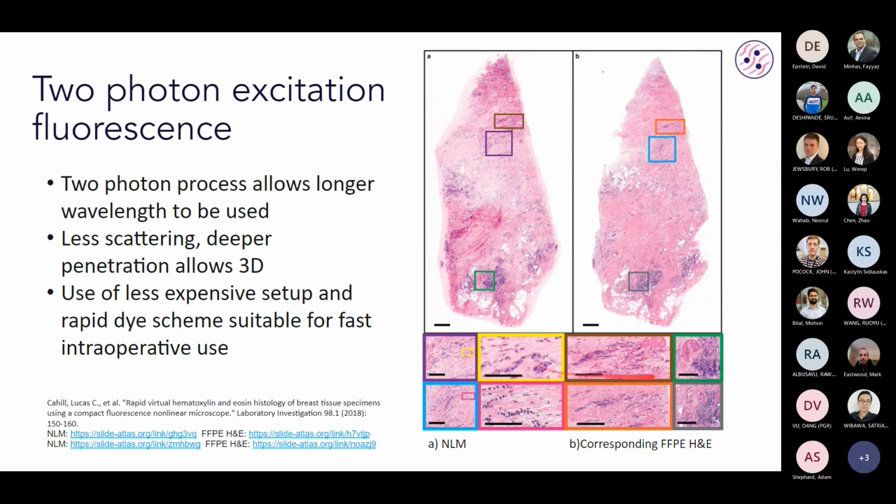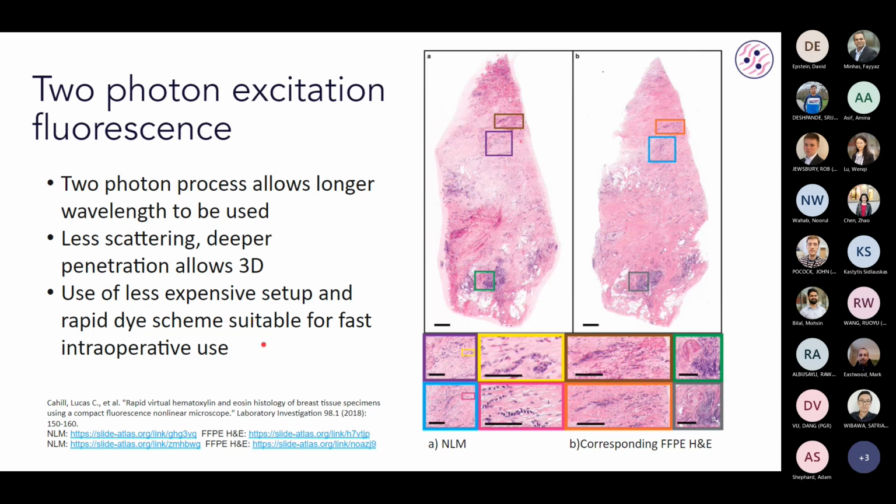And as you can see, the relevant details are there in both, and they do quite a good job of reproducing this H&E stain. So this gives 3D images in 5 minutes. That's the pseudo 3D. It can give imaging up to a depth of around 100 micrometers.